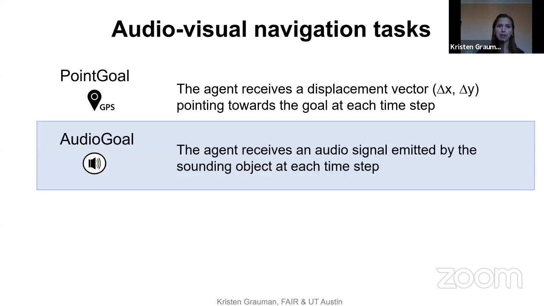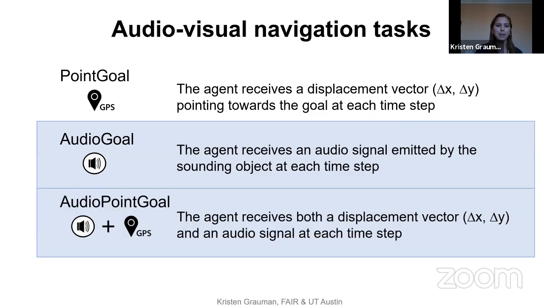However, in contrast, in the new task that we're studying here called audio goal, the agent is not told where the goal is, it just hears it. Okay, so the phone's ringing somewhere, we don't know where, but your goal is to find it. And of course, we can put these together, so we also consider an audio point goal where the agent also gets a pointer, and so it can hear, get that pointer, and see.